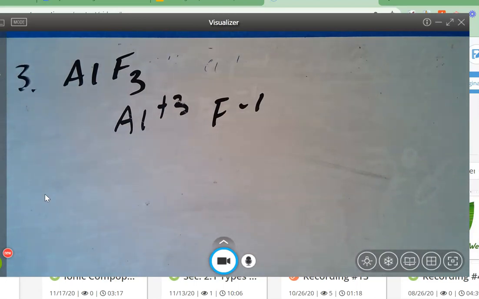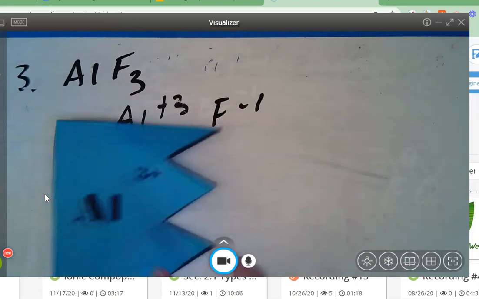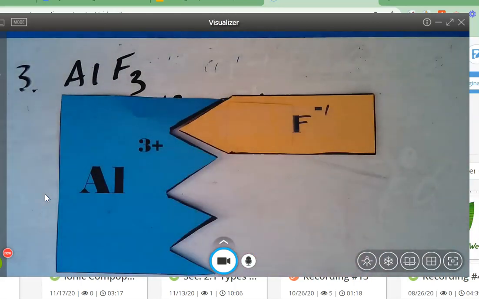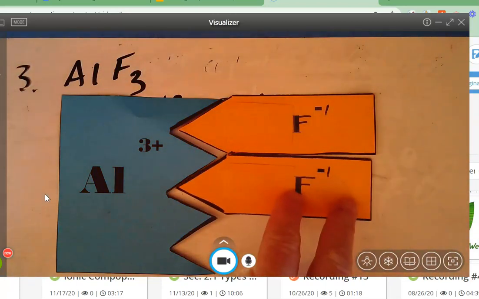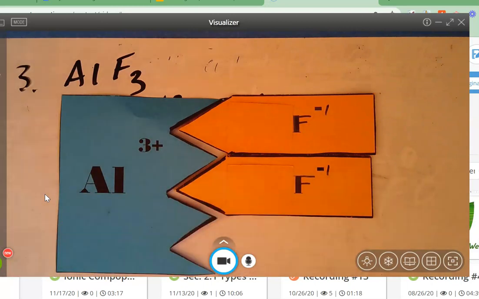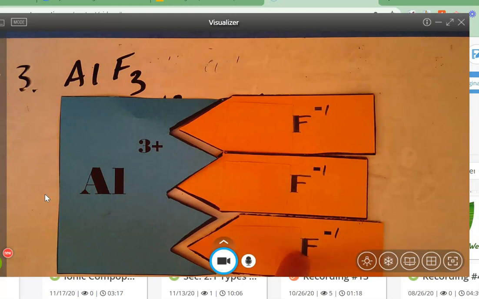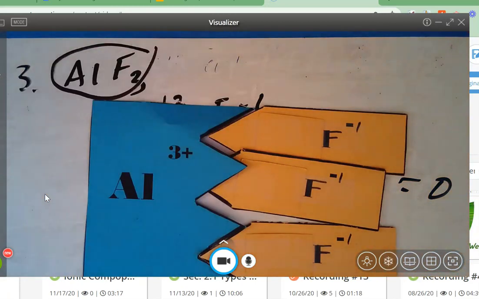All right, if I try to use these puzzle pieces, here's my aluminum. If I just have 1 fluorine, and you add those together, +3 and a -1, that equals a +2. I'm trying to make it equal 0. If I put another fluorine in there, +3 -1, that equals a +1. So I got to have 1 more of these fluorines. So a +3 and a -3 equals 0. It's now neutral. So that is why I've got to have 3 fluorines.